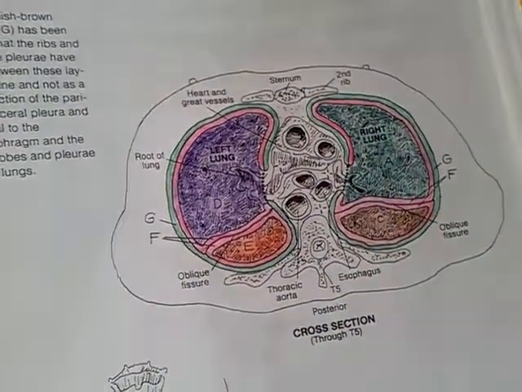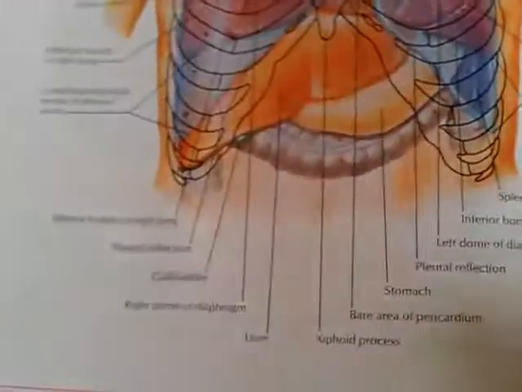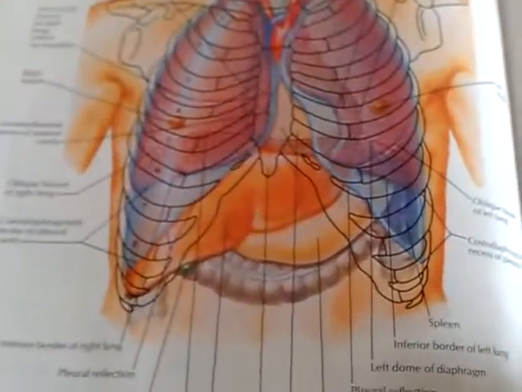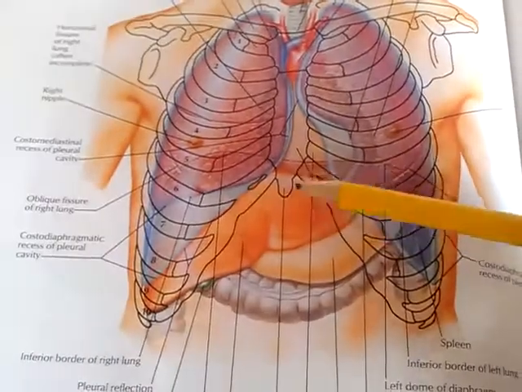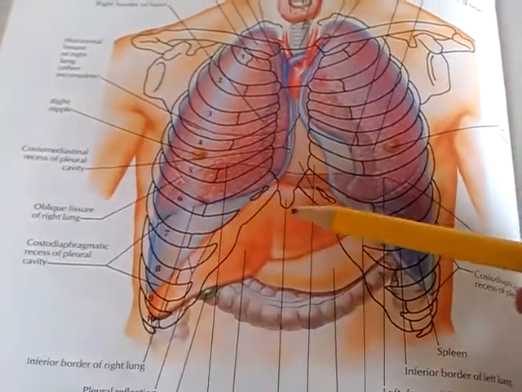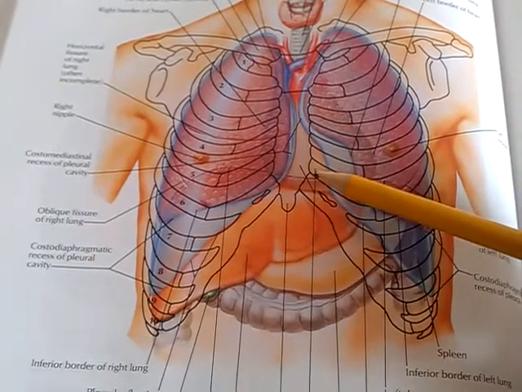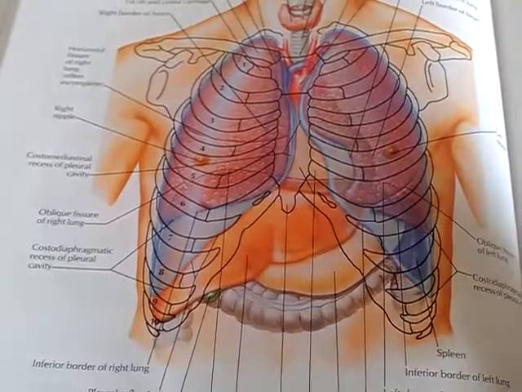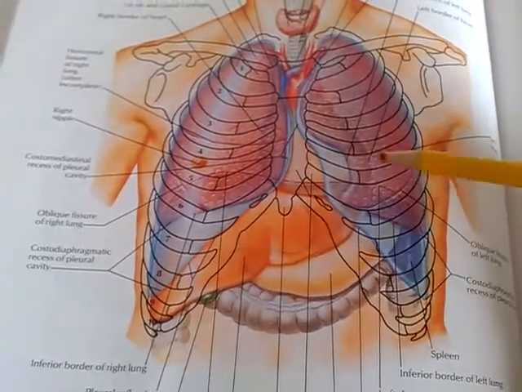Now the inferior border of pleural cavity projects on the skeleton near the sternum on the 7th rib. And in mid-clavicular line, also on the 7th rib.